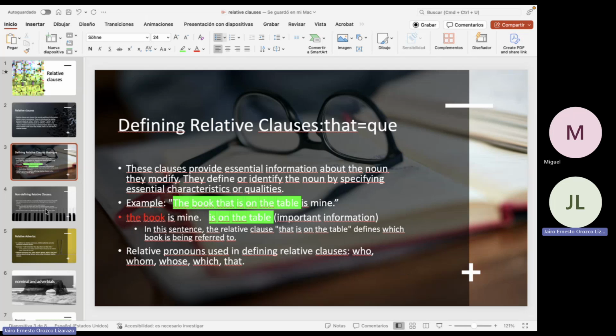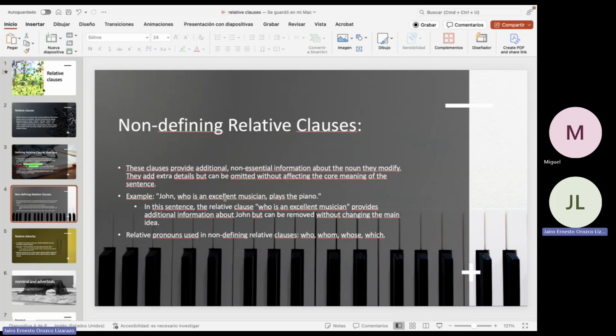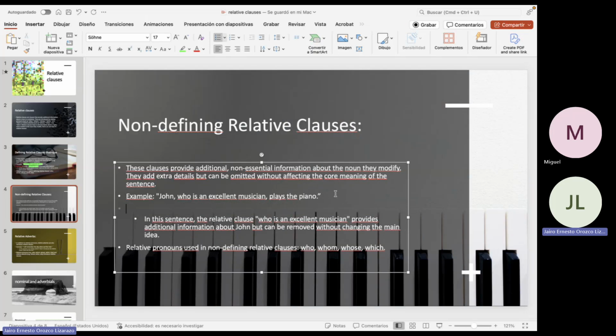Now, non-important information, like, for example, we have these two sentences right here. John plays the piano, and then we have "who is an excellent musician." This is non-important information, right?